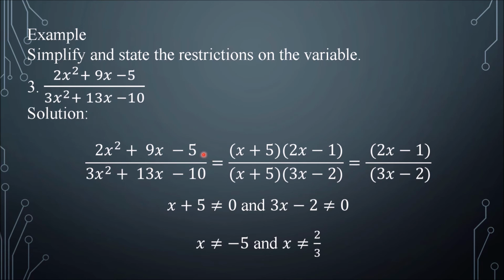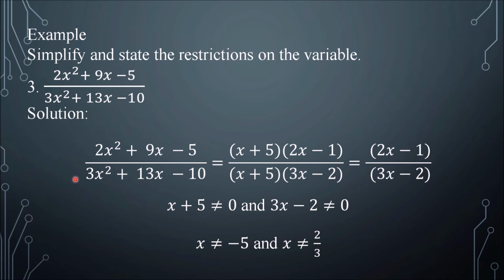Now, this numerator is a general trinomial which can be factored into x plus 5 times 2x minus 1, wherein 2x squared has the factors of x and 2x, negative 5, we have 5 and negative 1.